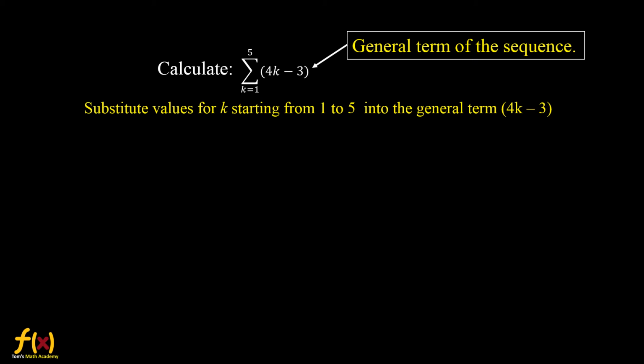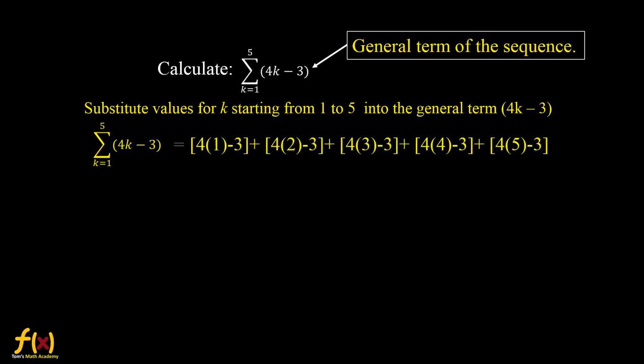We substitute k equal to 1, k equal to 2 up to 5, and we get all the terms. Look at the values: 4 times 1 minus 3 plus 4 times 2 minus 3 plus 4 times 3 minus 3 up to 4 times 5 minus 3. It's a simple example. We simplify that, we get all the 5 numbers and we can add them easily.